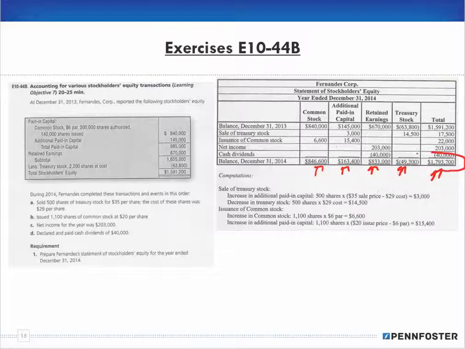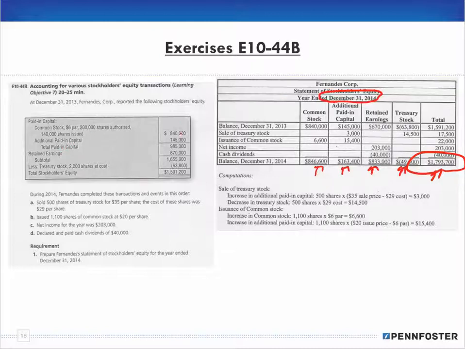So then you end up with a balance in your stockholders' equity section of $1,793,700. And if you said, this is for the year end December 31st, let me create a new equity section.